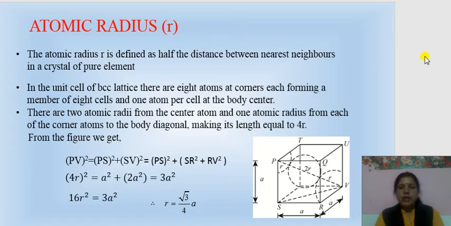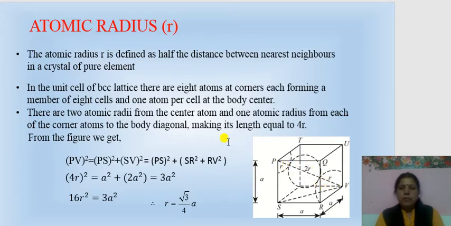There are 2 atomic radii from the center atom and 1 atomic radius from each of the corner atoms. Here this is 2r and this is r and this is r. Therefore total distance becomes 4r, making the body diagonal length equal to 4r.